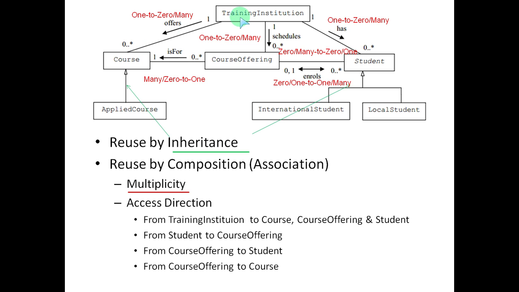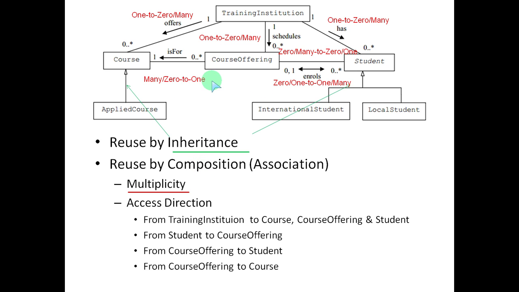The institution also schedules 0 or many course offerings. And the training institution also has 0 or many students, right?